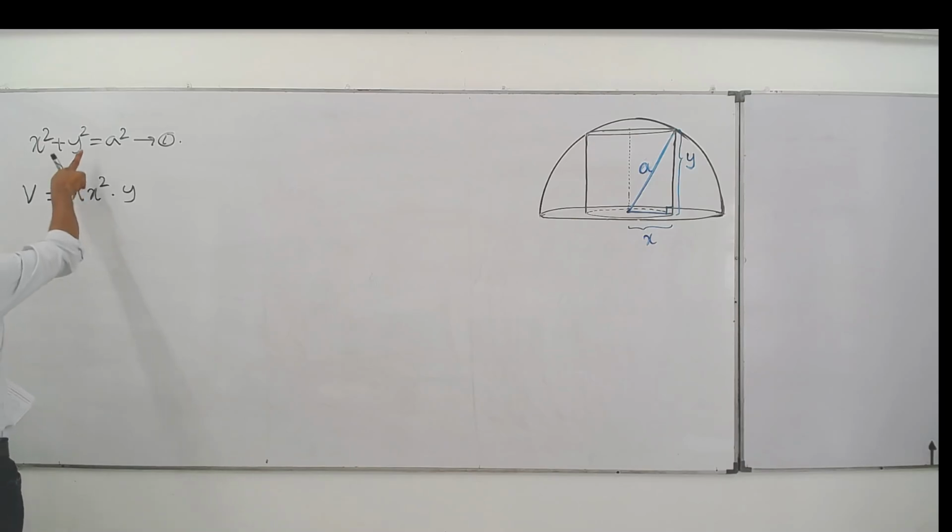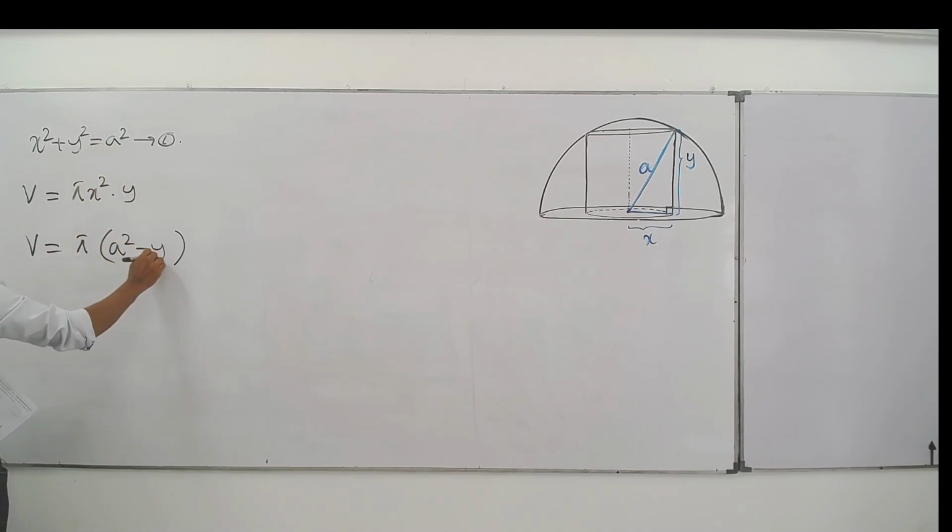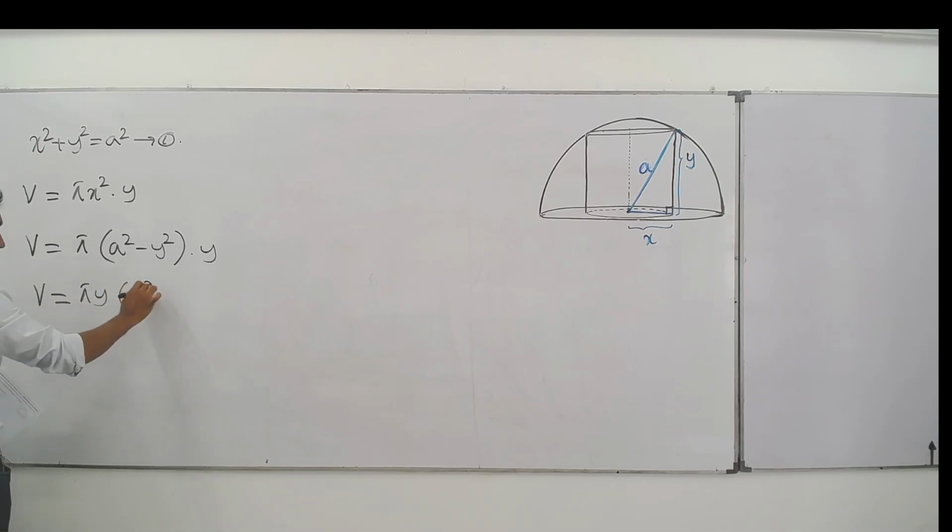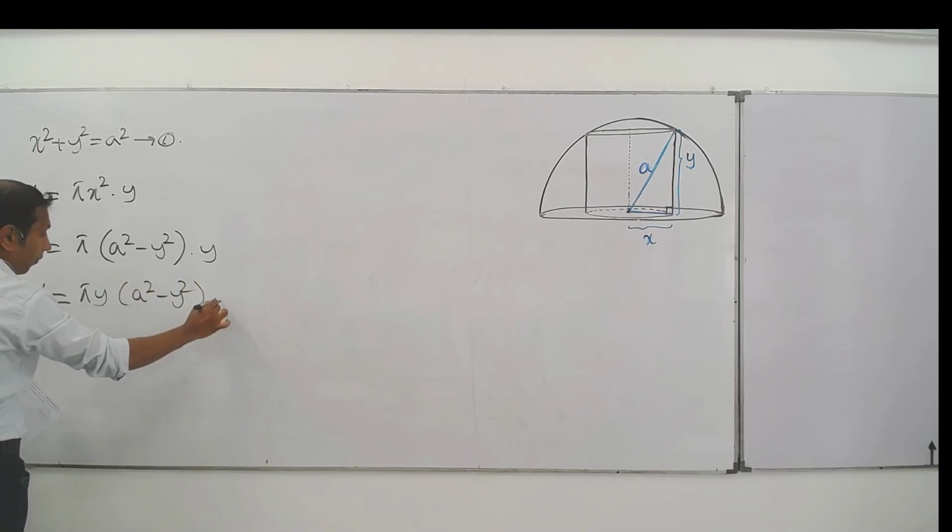X squared can be obtained by taking y squared to the right hand side. V is equal to pi times x squared, which is a squared minus y squared, into y. Then we get here pi y times a squared minus y squared.